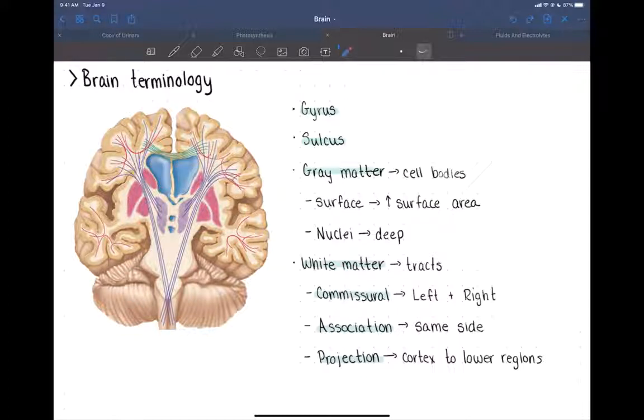With our cerebrum, the outside is very wrinkly, like we said, and we give those parts of the wrinkles names. A gyrus is the part of the wrinkle that sticks out. These are like the bumps on the surface of the brain.